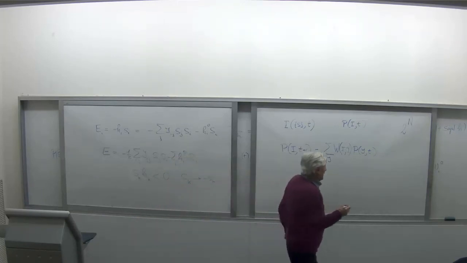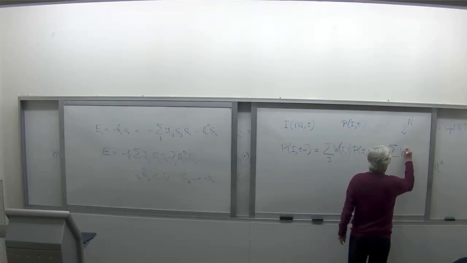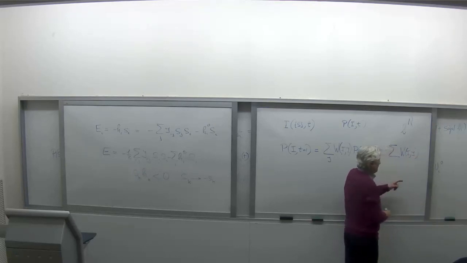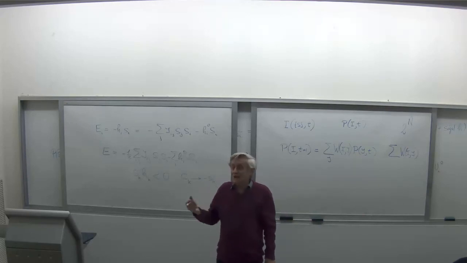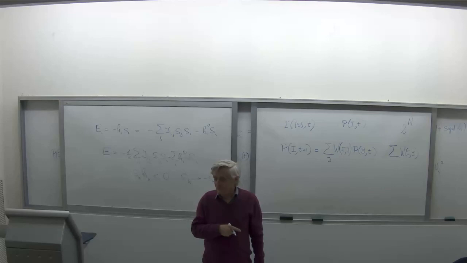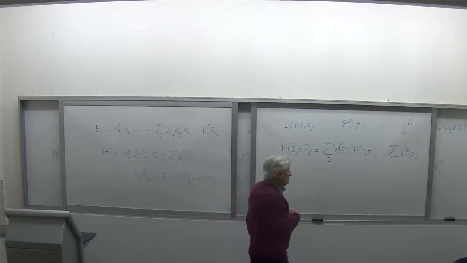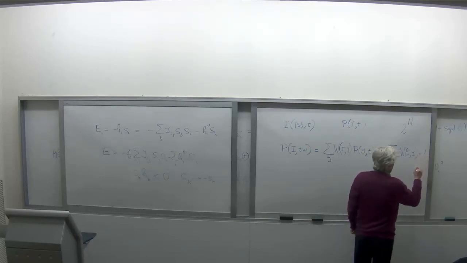The same applies to Wij, because if you are in state j, then you have to go somewhere or stay there. And therefore, if you sum over all i's, this is 1.